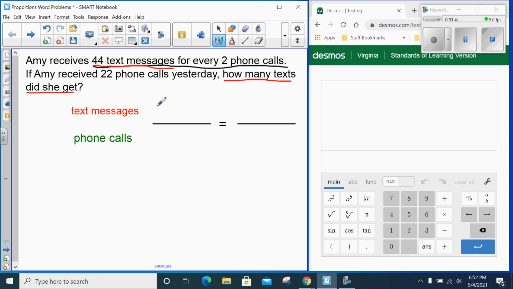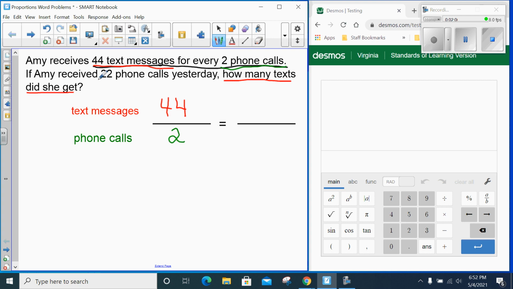So I know this number 44 is going to go here first. And she receives 44 text messages for every 2 phone calls. So we're saying that 44 text messages is equal to 2 phone calls.